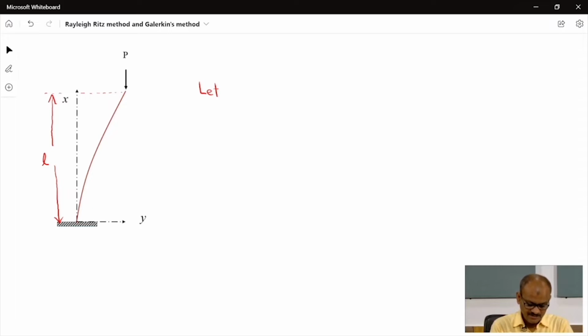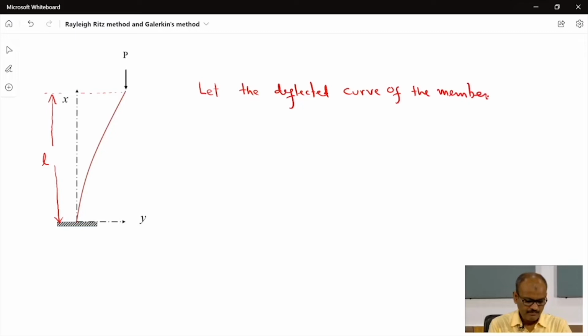Let the deflected curve of the member be y is equal to a plus bx plus cx square.